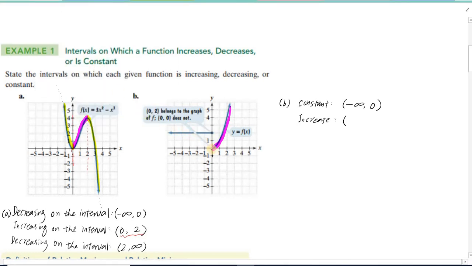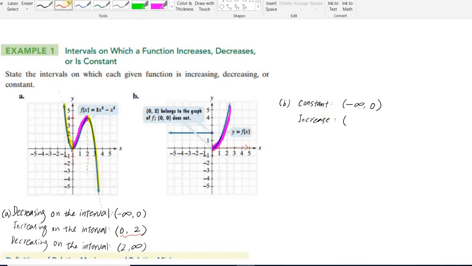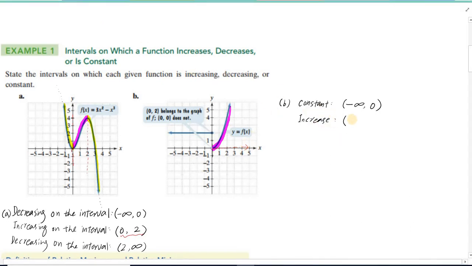So I'm going to start here, going this side forever, right? So that's why we have increasing from 0 to positive infinity. For this type of question, you always use parentheses. You do not use the bracket. So it's different than the domain and range.